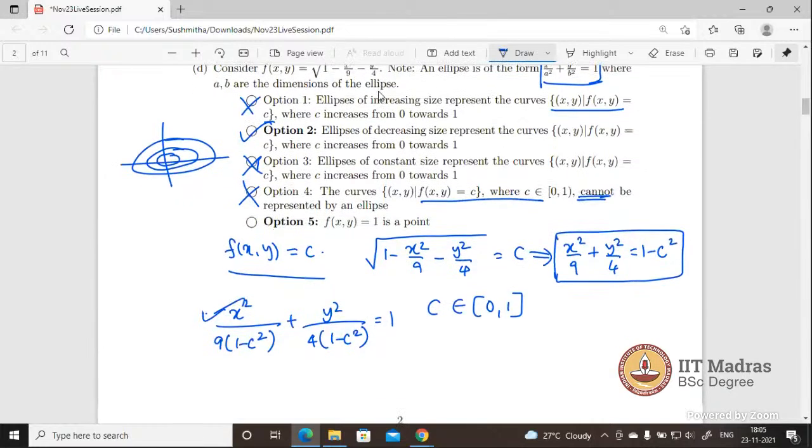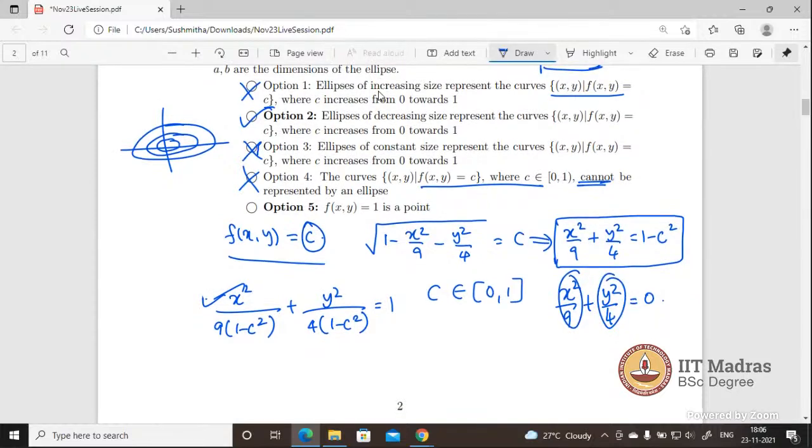Okay. What about f of x comma y is equal to 1? When c is 1, what happens? What is this ellipse? It's a point, the origin. So I'll have x squared by 9 plus y squared by 4 is equal to 0. This is a non-negative term, this is a non-negative term.